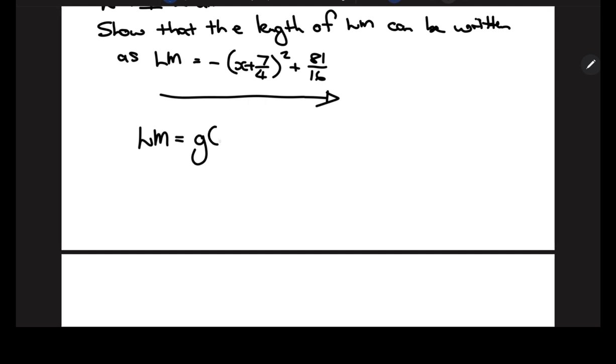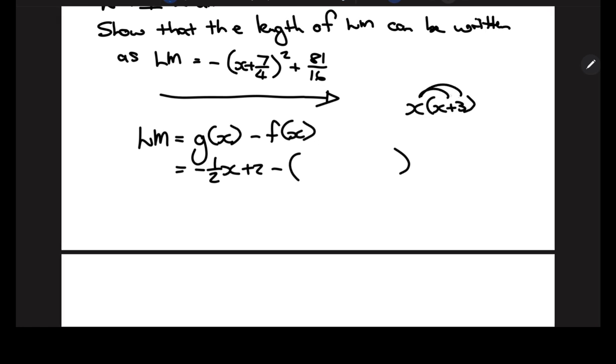It's always the top function minus the bottom function. Okay, what is g of x? I think it's negative half x plus 2, and then we're going to subtract the other function, which is, remember, it's actually x plus 3 squared, but I'm just going to multiply them out because I don't want brackets, plus 3x.